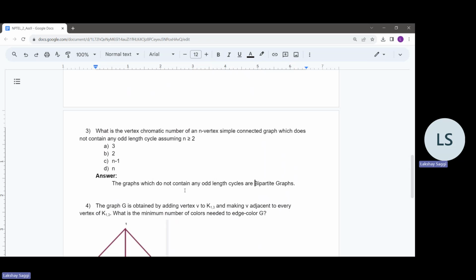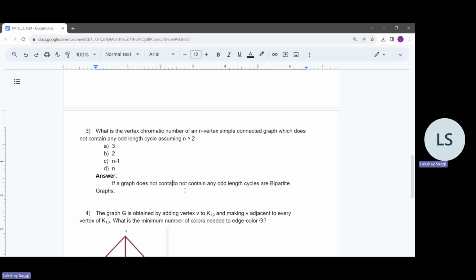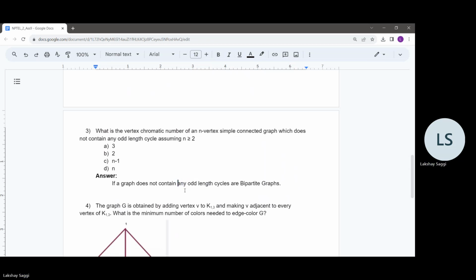So what I'm trying to say is this property: if a graph does not contain any odd length cycle, then it is a bipartite graph. And why do I mention this? Why is it a specialty? What's so special about bipartite graphs?